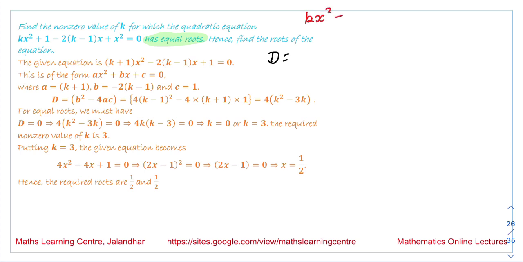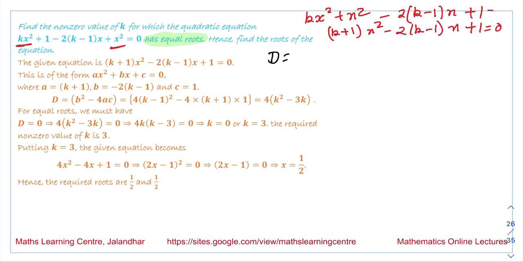It is kx square plus x square minus 2k minus 1 x plus 1. From these two terms, if we take x square common, we are left with the terms in this form. So this is the value of b, this is a and this is c.